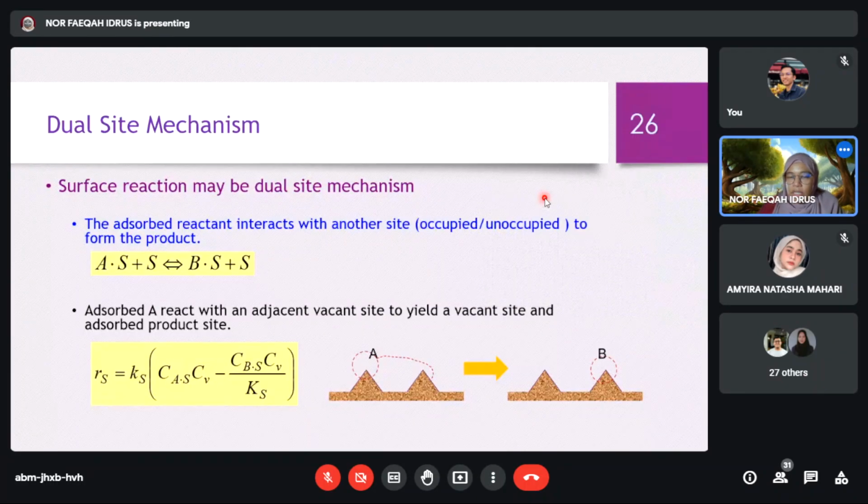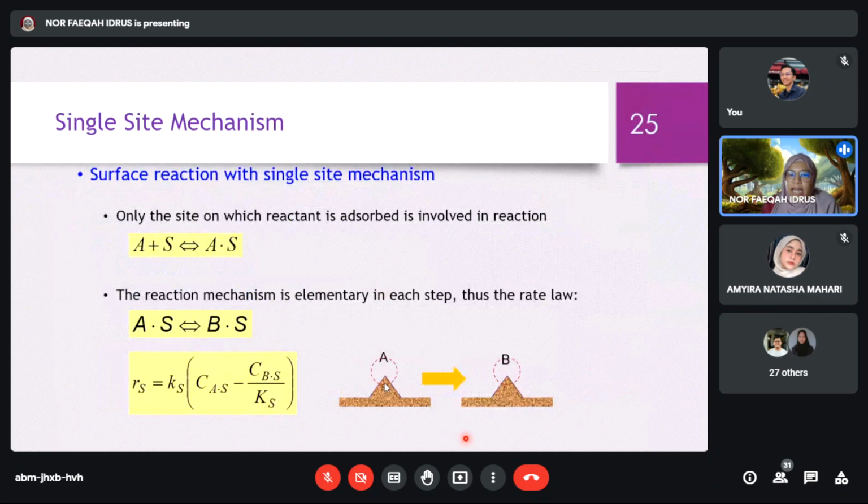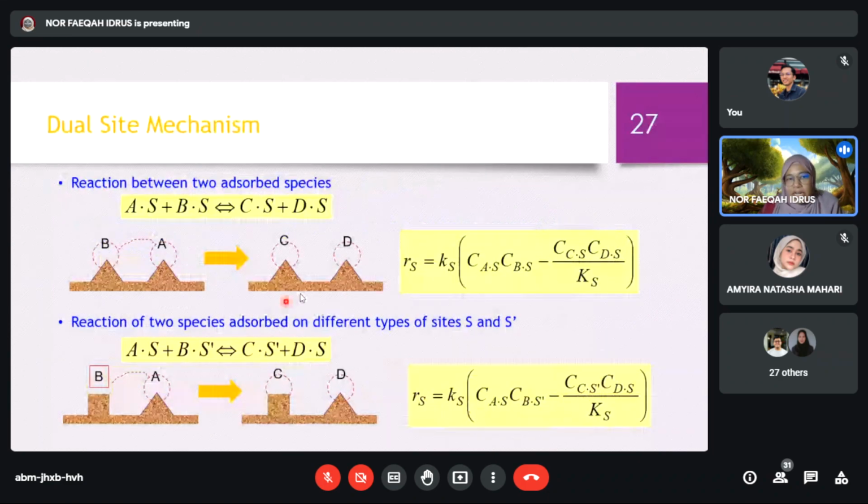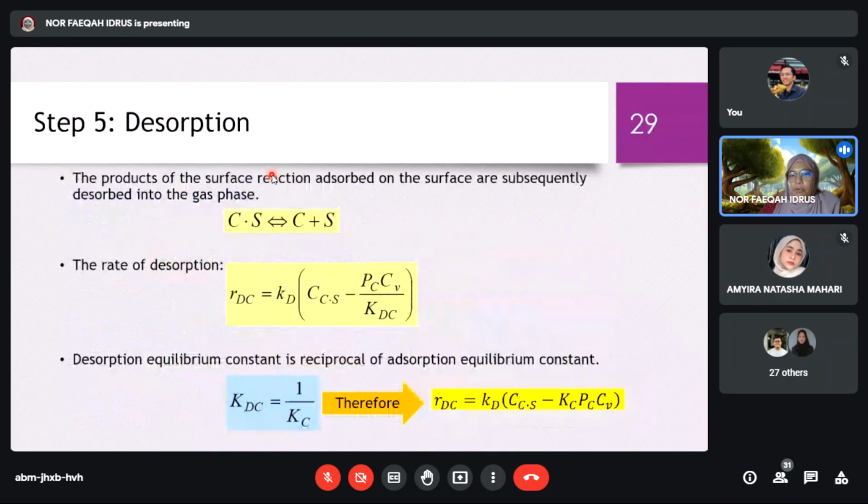So kita tengok yang paling senang, single site. Let's say ada one product sahaja, you dapat product only C.S. So C.S ni dia still adsorb on the active site.